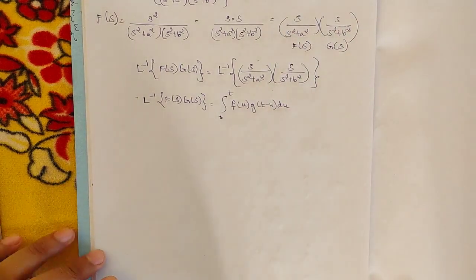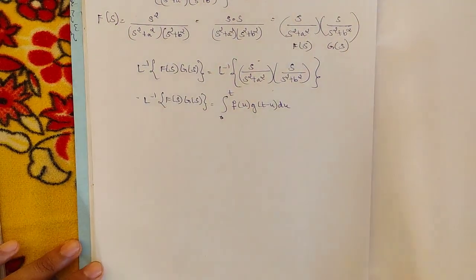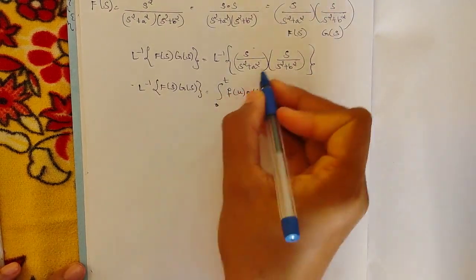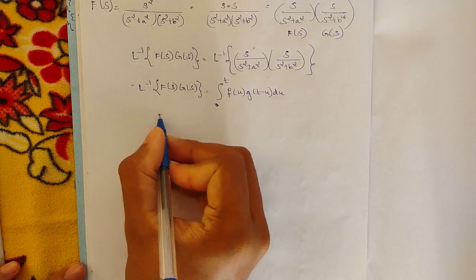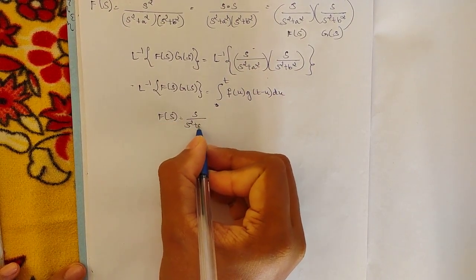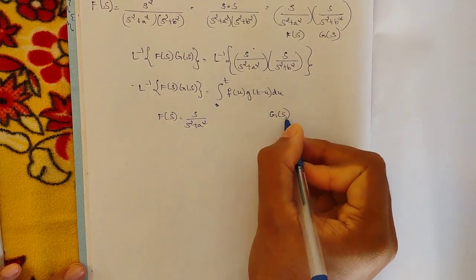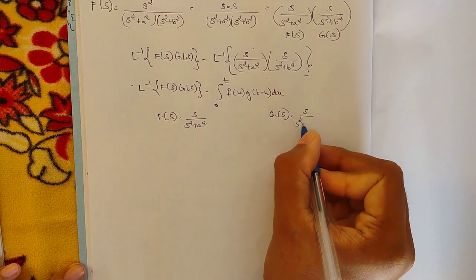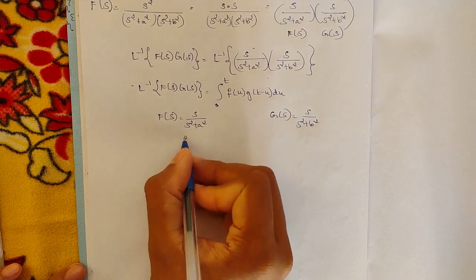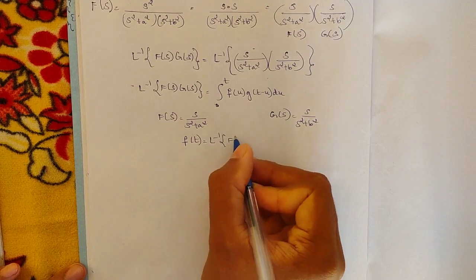We should get the values of f of u and g of t minus u to proceed further in these kinds of problems. So how do we get it? According to our substitution, f of s is equal to s divided by s square plus a square, and g of s is equal to s divided by s square plus b square. Now what is f of t? f of t is generally given as L inverse of f of s.